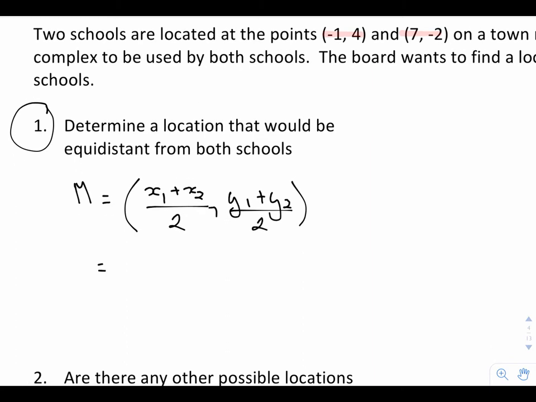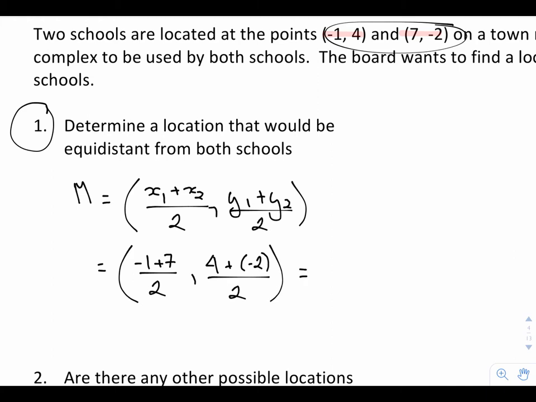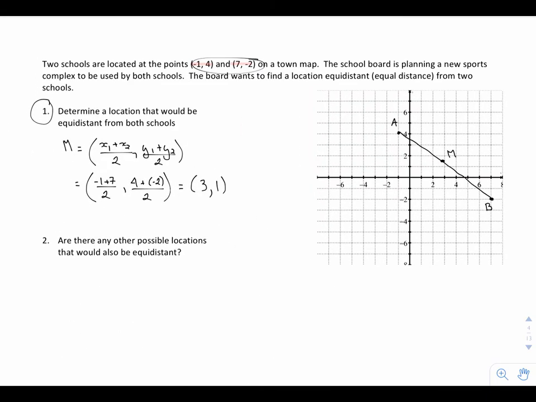Now if I substitute these values into the equation, the ones up here, I end up with (-1 plus 7) divided by 2, as well as (4 plus -2) divided by 2. Do the calculation, I end up with 3, 1. So my midpoint is at 3, 1.